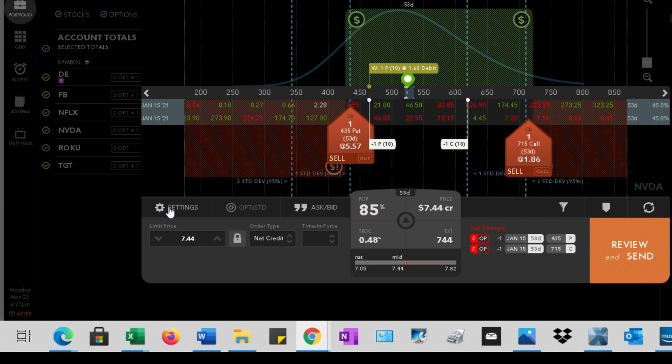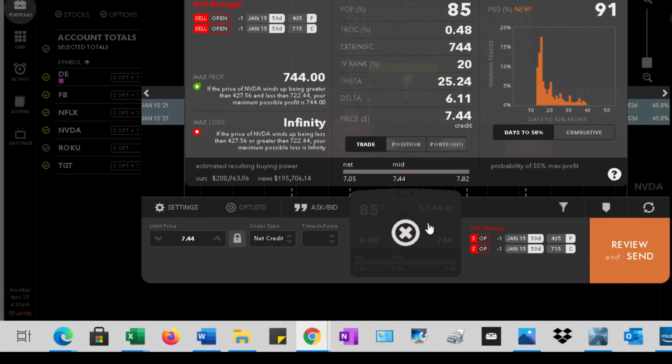I think people think you can only make money off the delta, if it moves your way. I primarily make money off of vega, implied volatility crush, and then theta, which is time decay. For anyone that's confused, I'm going to go into the Greeks specifically right here. How theta works, this is this number right here. So on this strangle, each day I will get $25.24 roughly.